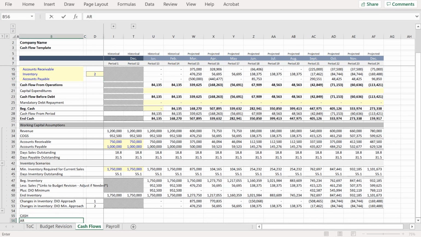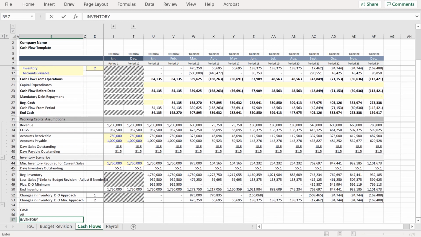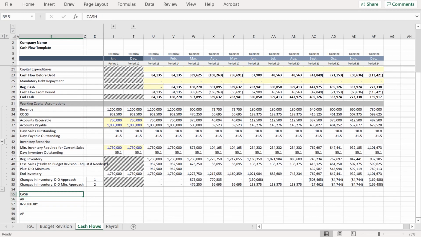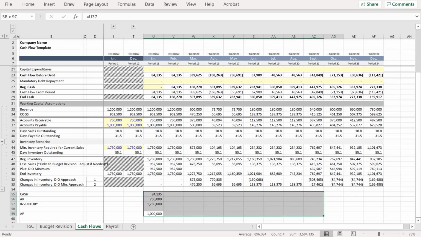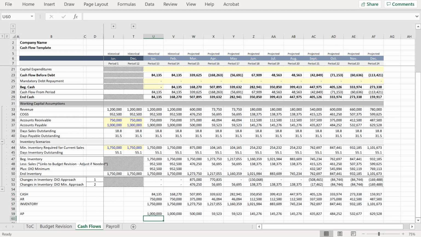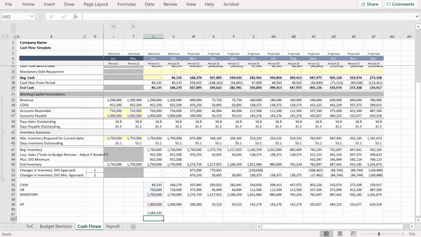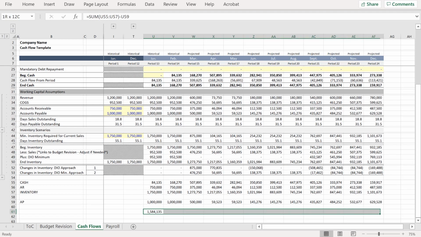To quickly illustrate this, let's take a look at working capital accounts and cash over the projected period. If we subtract assets from liabilities, you'll quickly see how this value has declined over the projected period.